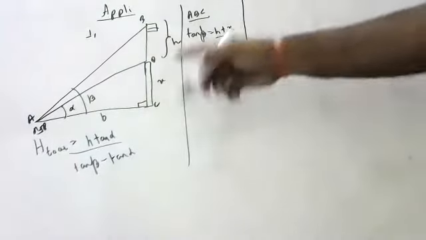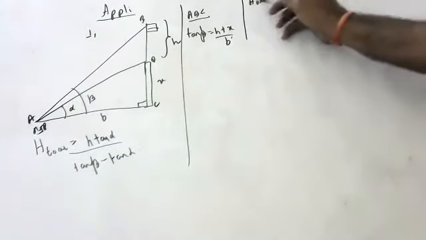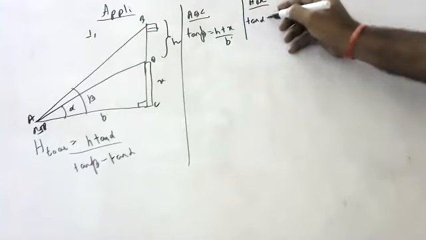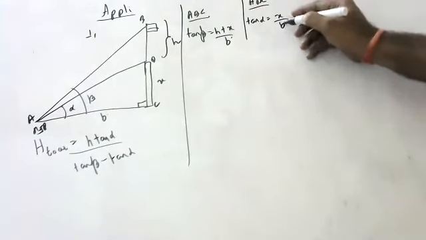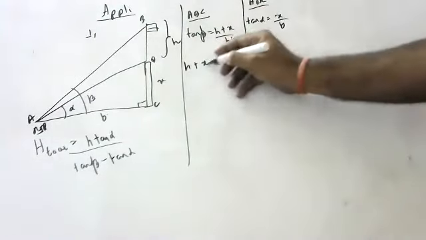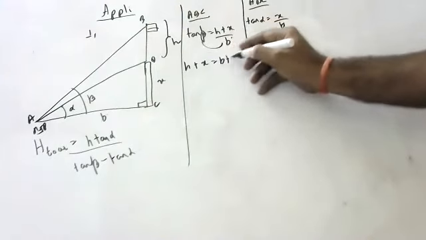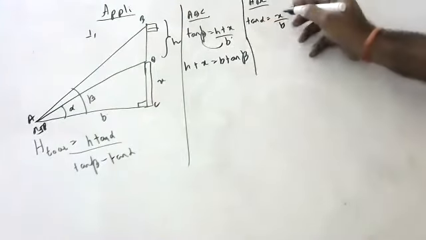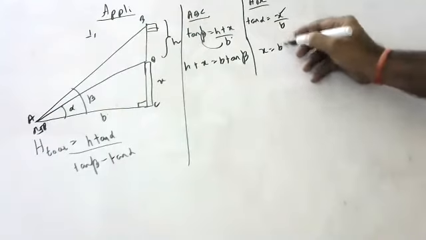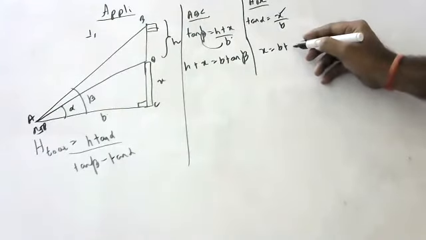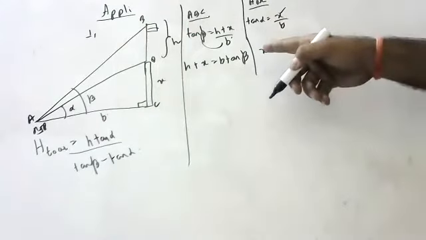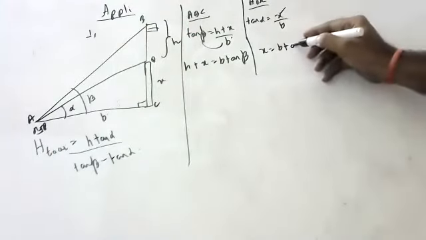Now, tan alpha is equal to x by b. Substitute: h plus x is equal to b tan beta. x is equal to b tan alpha.